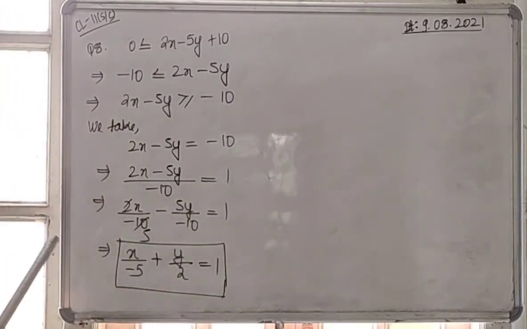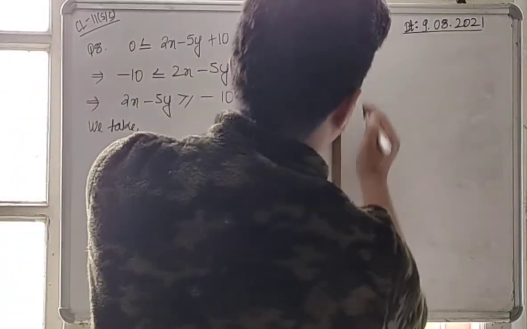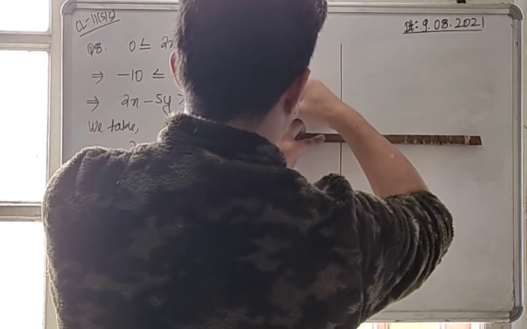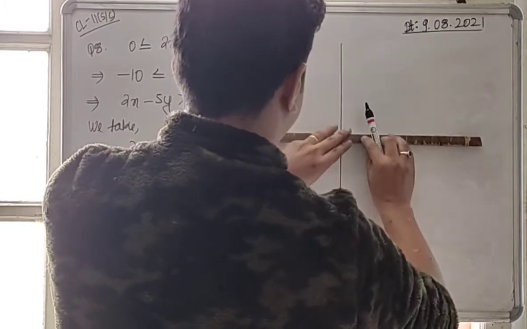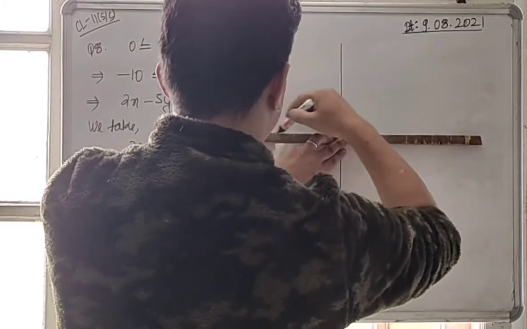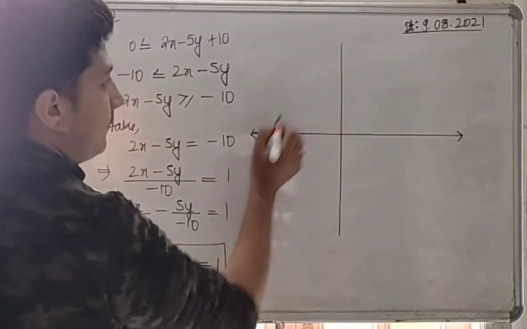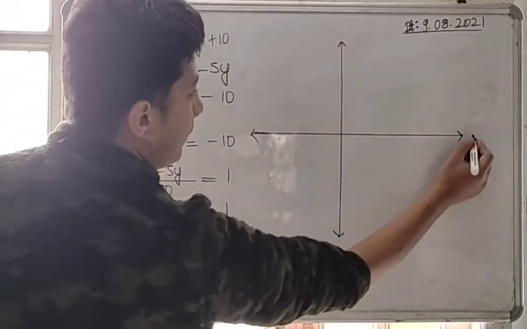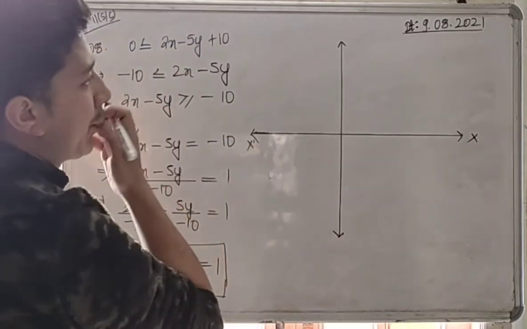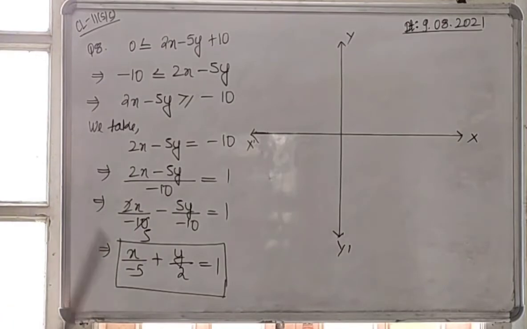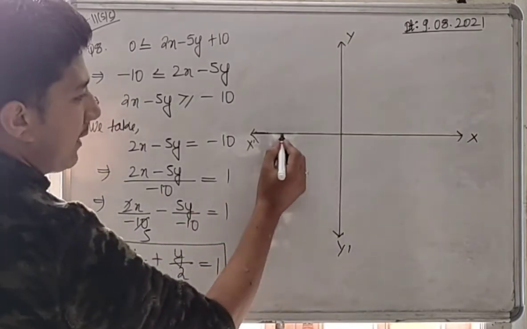If you are asked to draw the graph of this, you'll draw straight lines like this. So I'm doing it very quickly here. This is your x, this is your y. On the x-axis minus 5 units, so somewhere here it will be minus 5.